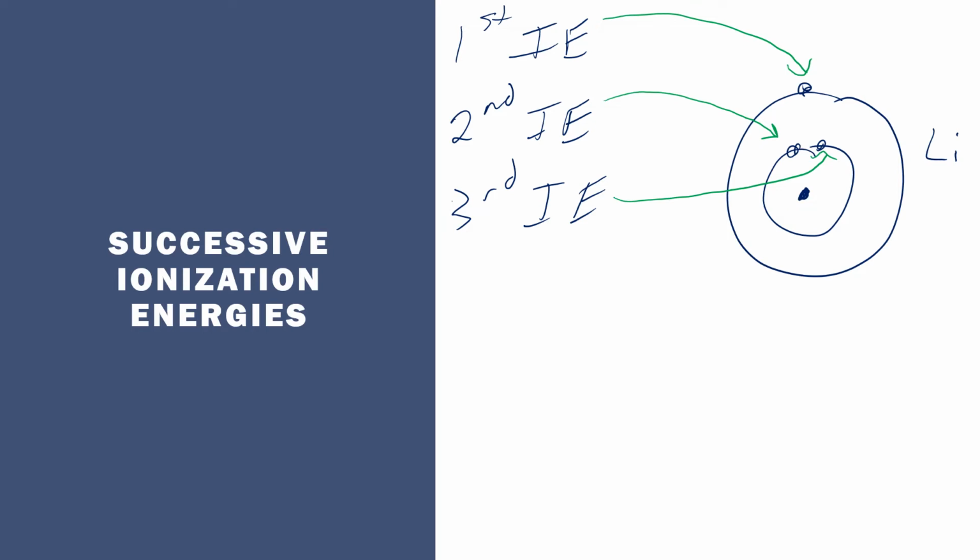The first ionization energy is always the lowest for any atom. It's the easiest to remove the first electron. From there it gets harder and harder, so it takes more and more energy to remove electrons. And that's really based on the number of protons, the size of the charge. If I have 3 electrons and 3 protons, each of those protons is pulling on it fairly evenly.